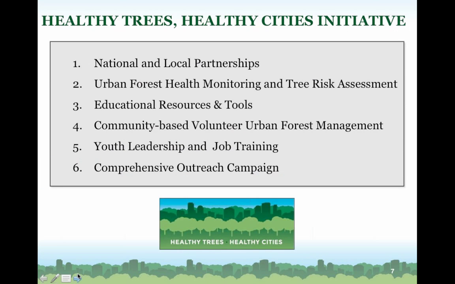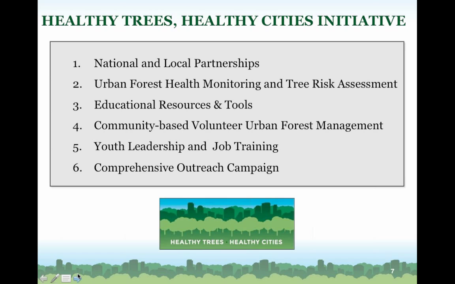We have 6 key program components, the first of which is the national and local partnerships. I already mentioned some of the partnerships that we have through the Continental Dialogue, and we actually also work with some of those partners through our Healthy Trees, Healthy Cities work. The second program component would be our urban forest health monitoring and tree risk assessment.